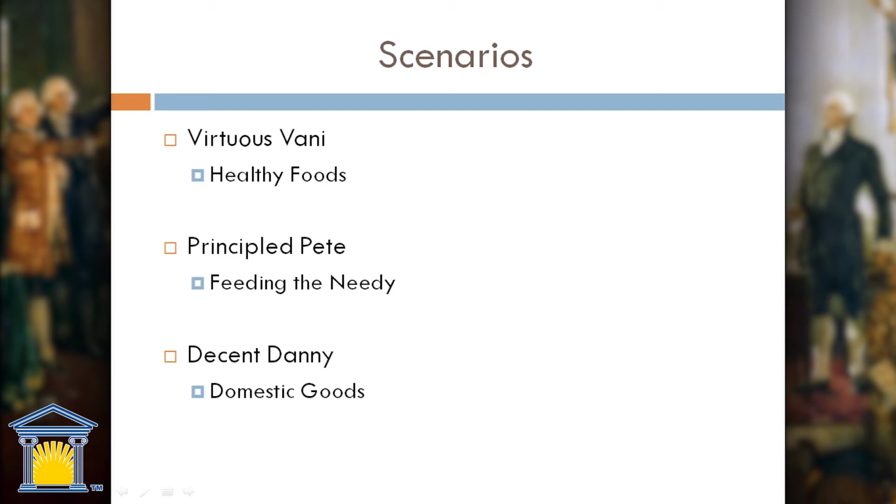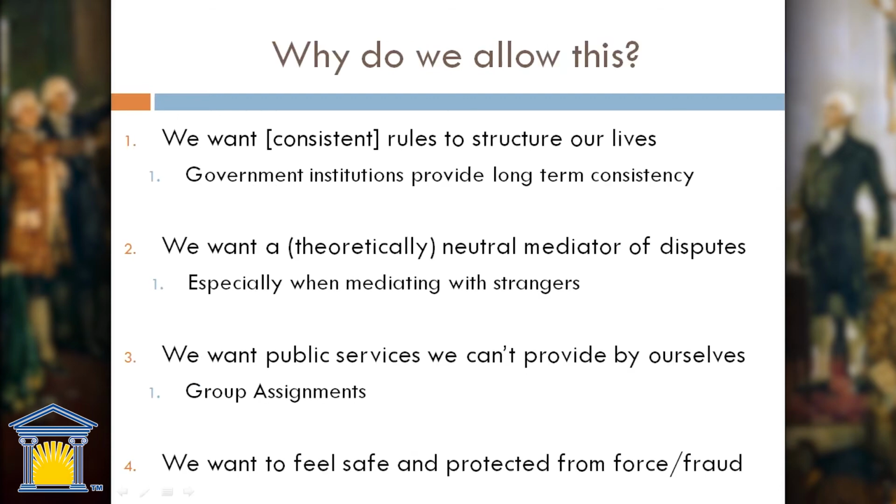So, how is it that we're going to accept this from the government but not from Principled Pete? Why is the government allowed to take a portion of your income for feeding needy children, but Principled Pete is not allowed to do the exact same thing, right? Well, in order to answer this question, I'm going to point out 4 broad things that people look for from their government.